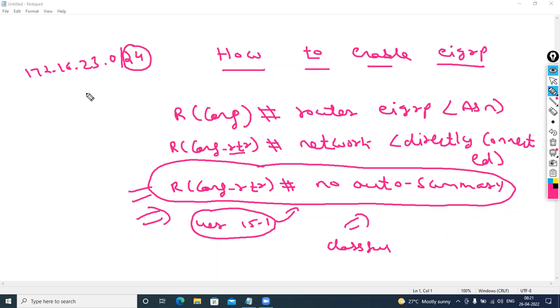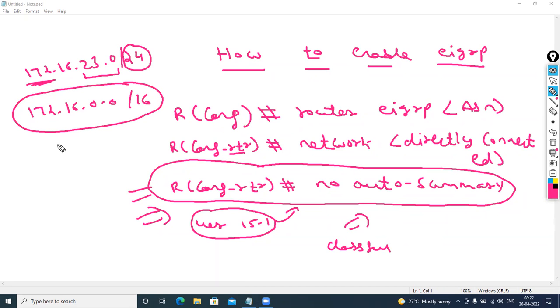Class B, right? So what EIGRP used to do, it never used to advertise the whole network bits. It used to just advertise 172.23.0.0/16 because it's class B, right? Correct. So it only used to support classful networks.